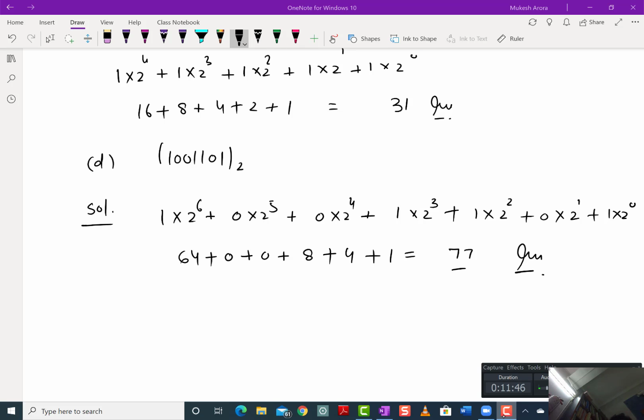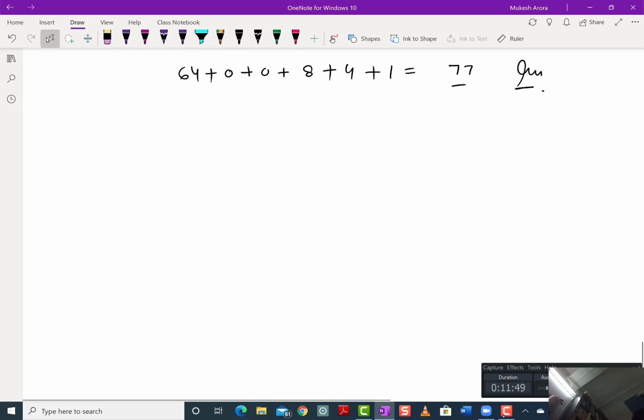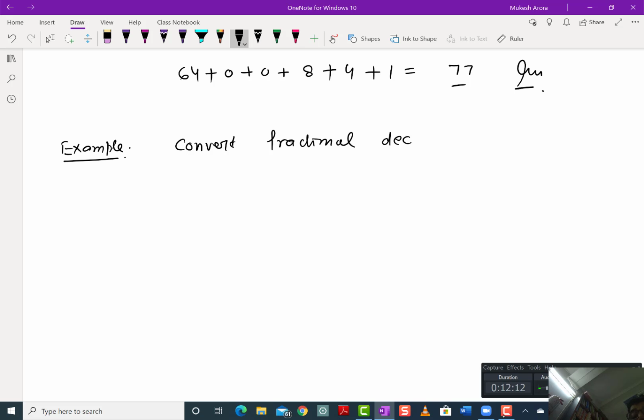So we have another form, when it is in decimal form. How to change it into binary form? Convert fractional decimal into binary equivalent.